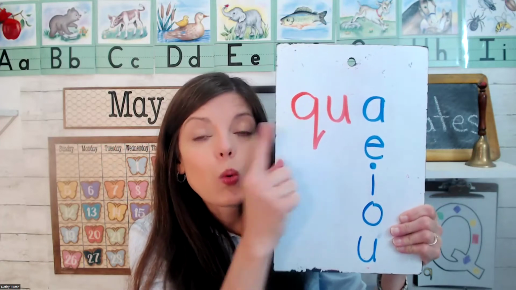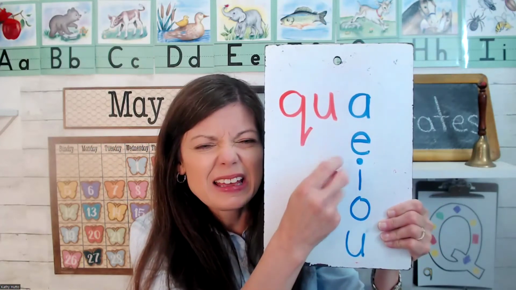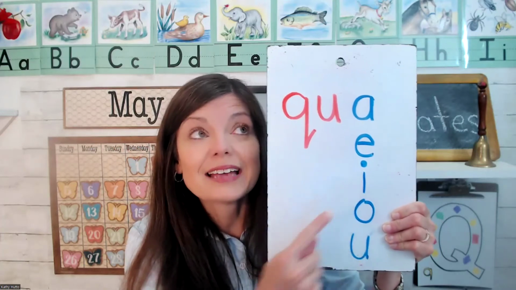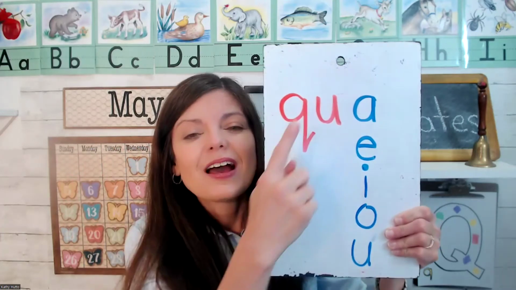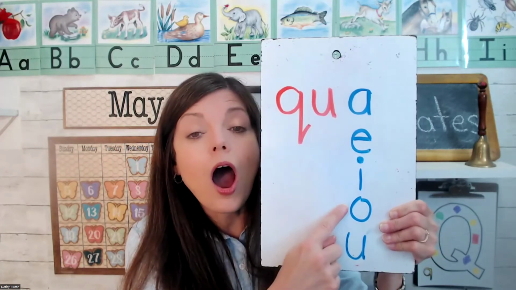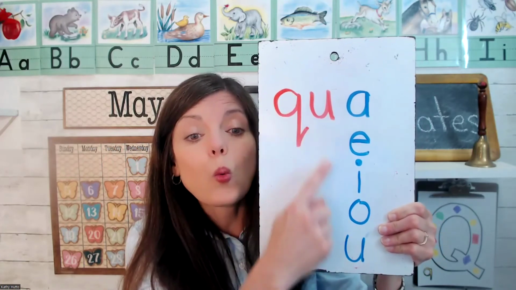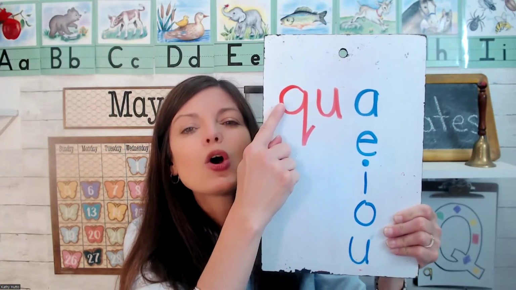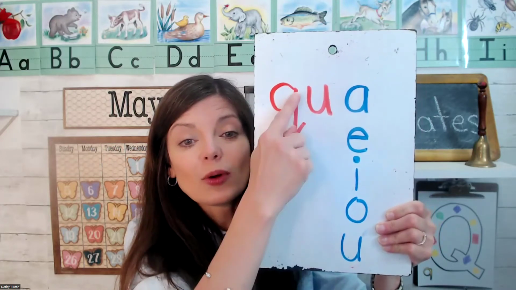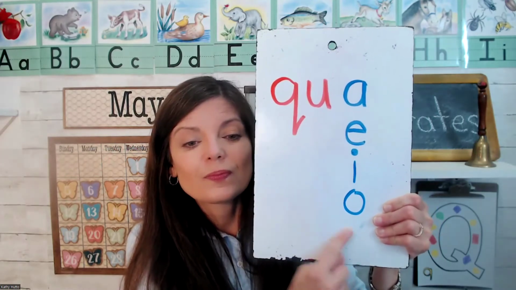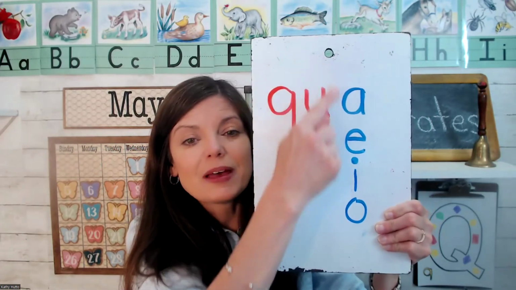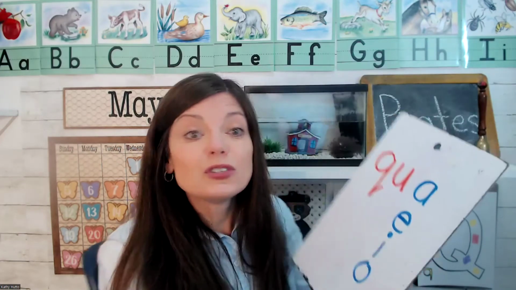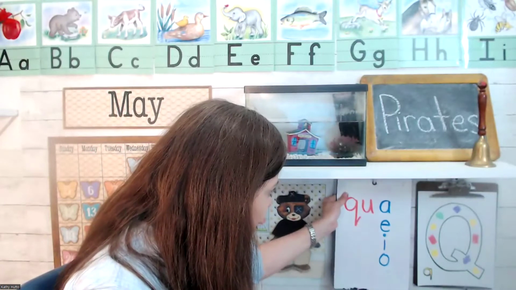Next, qui, as in quick. Last one. And there is U already, so we already have Q and his best friend U. Well, you did a great job today blending.